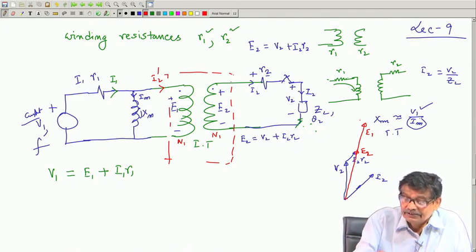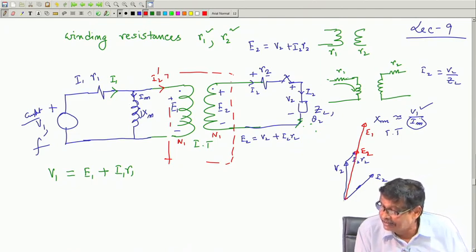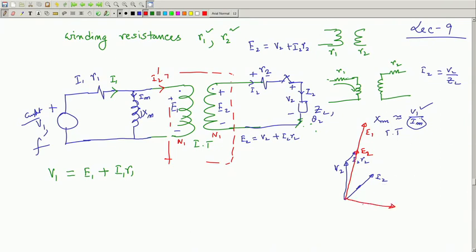Then once I know E 1, I know the magnetizing current, which will be 90 degrees lagging, and this current is small. Let me draw it now correctly, I m, small current, and once I know I m and I 2 is known, I 2 dashed will be this one, here will be your I 2 dashed.